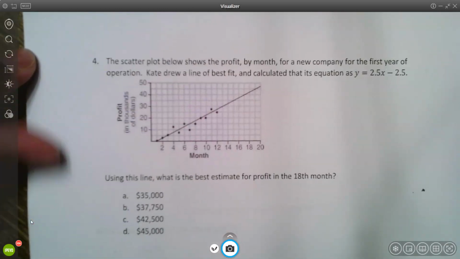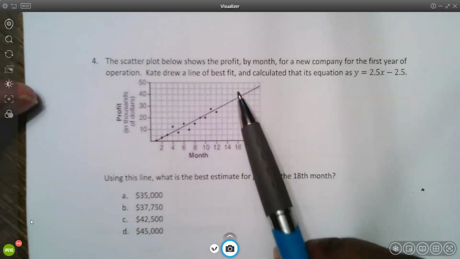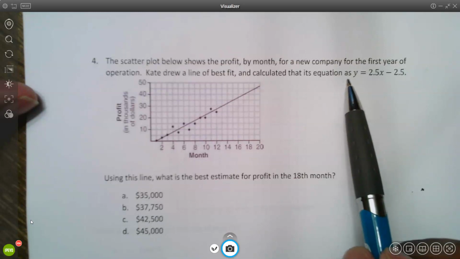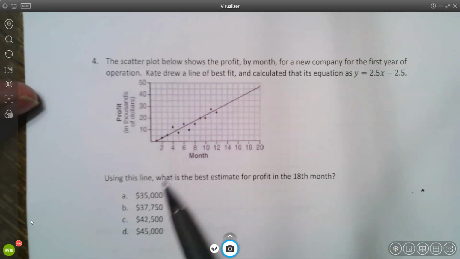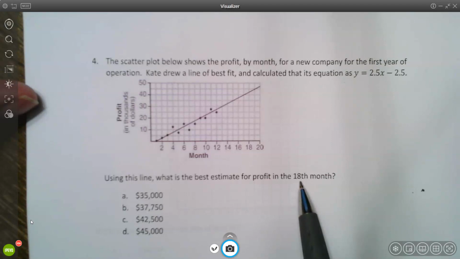Number 4 says, the scatter plot below shows the profit by month for a new company for the first year of operation. Kate drew a line of best fit and calculated that its equation is this. Using this line, what is the best estimate for the profit at the 18th month?